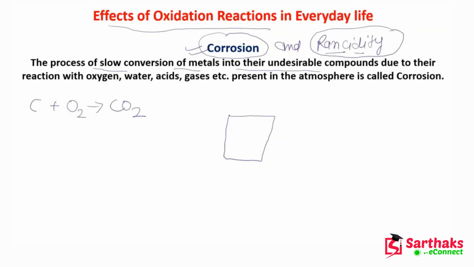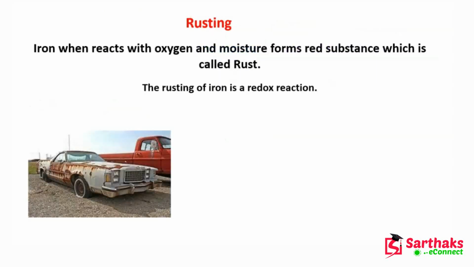Okay. So now guys, we will study rusting here. So what is rusting? Basically guys, the corrosion of iron is known as rusting, and the corroded metal will be known as rust.